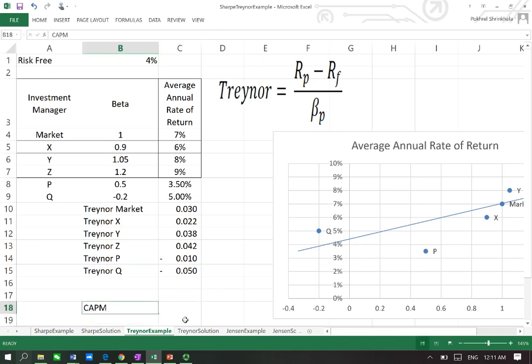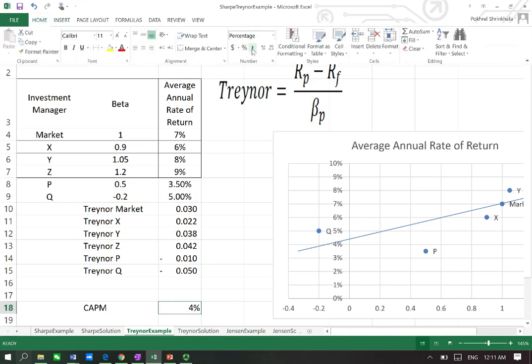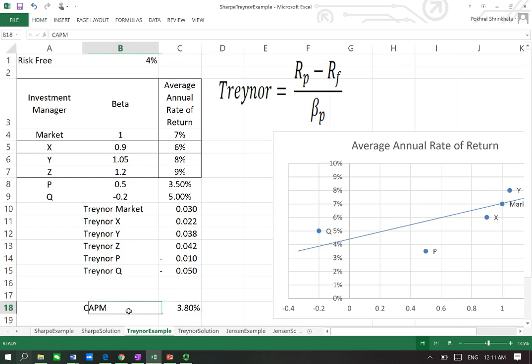Okay, so in a CAPM formula, you've got the risk-free rate, which is 4%, plus you've got the beta, which is 0.2 times your market return, which is 5%, take away your risk-free rate. Okay, so what do you get here? You get 4%. So this is what you are getting, 3.80. So the CAPM method is saying to you that you need 3.80% return.